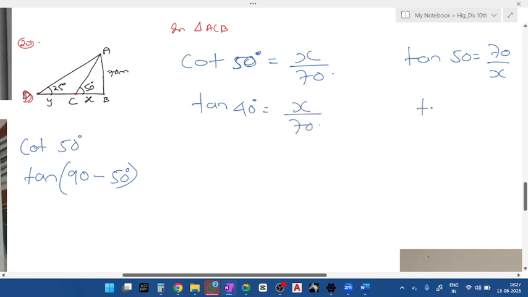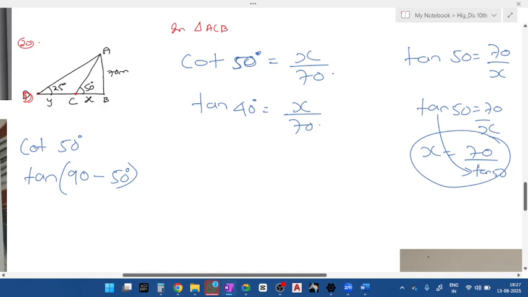Now can you tell me this, students? Look here, tan 50 I'll write. If you want to find x, are we dividing or multiplying with a decimal? We are dividing, right? The calculation becomes tough. What about this question? If you want to find x, are you multiplying or dividing? Multiply. The calculation will become easy.